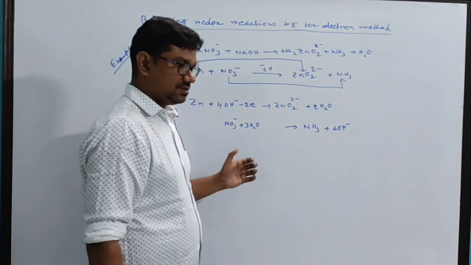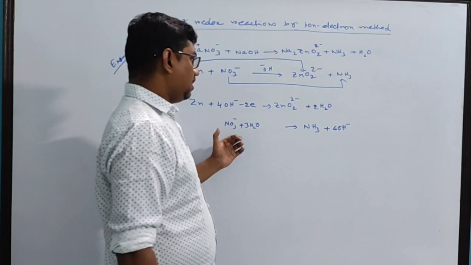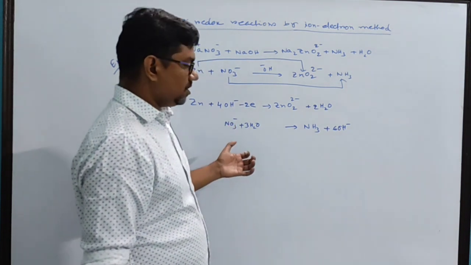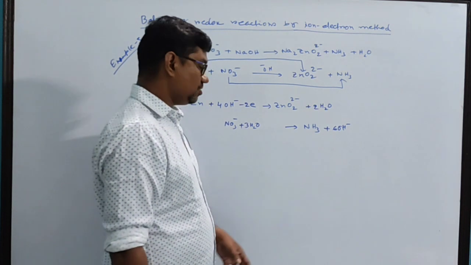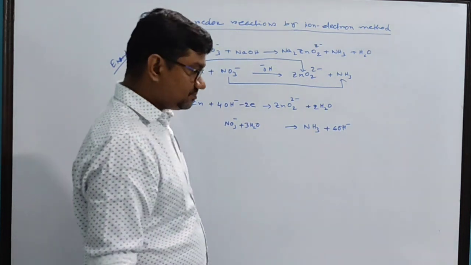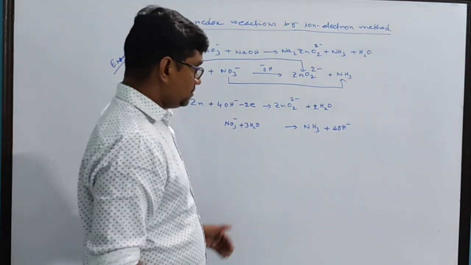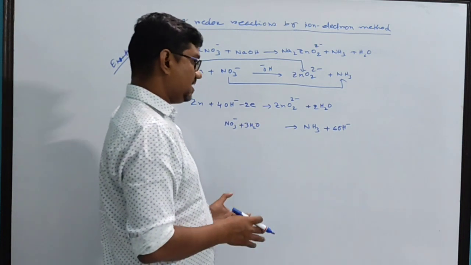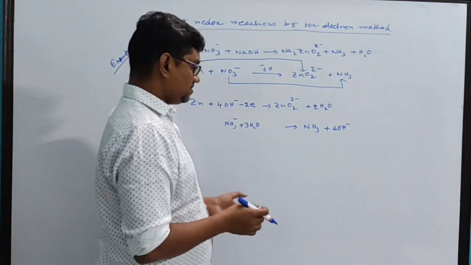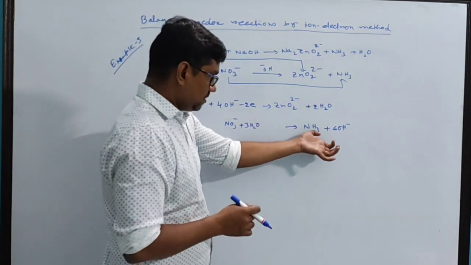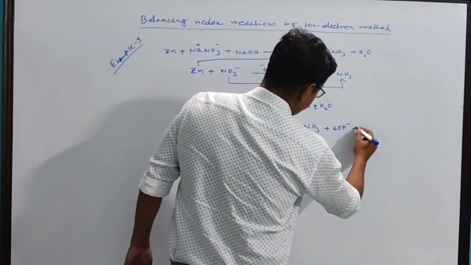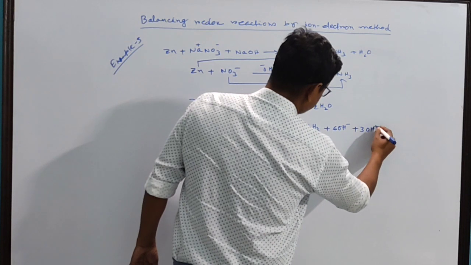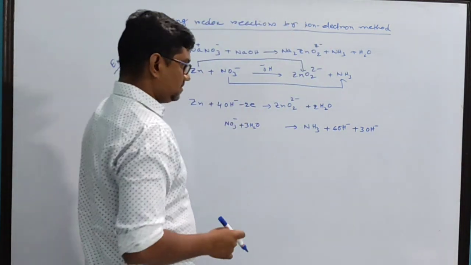The rule is, if after adding the water molecules and the hydroxide ions, hydrogen atoms are still not balanced, then you should add the hydroxide ion in equal number, means the hydrogen atoms here 3, so we will add 3 OH minus ions at the same side.